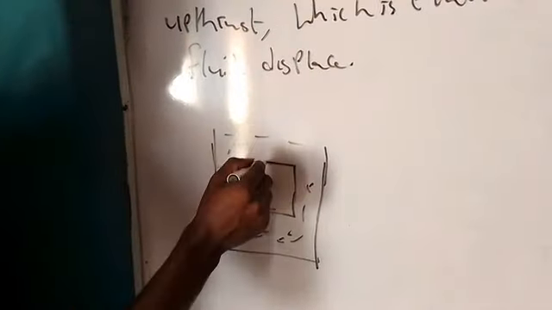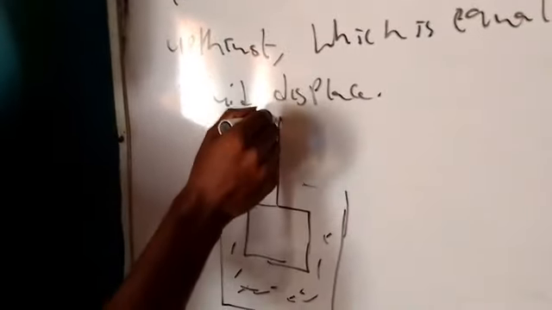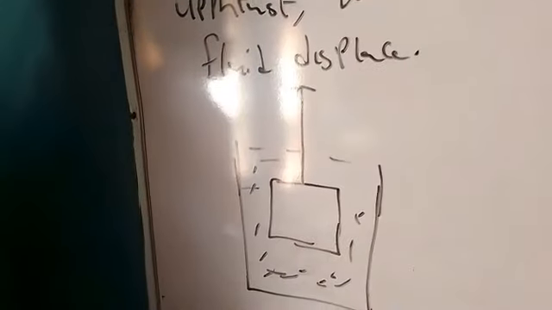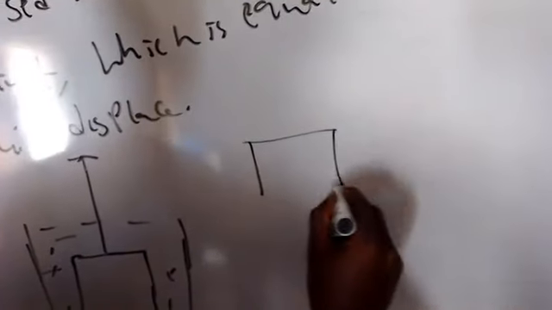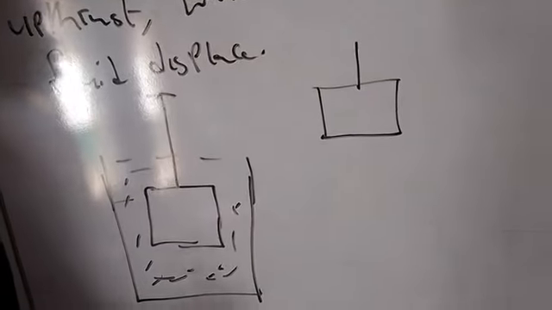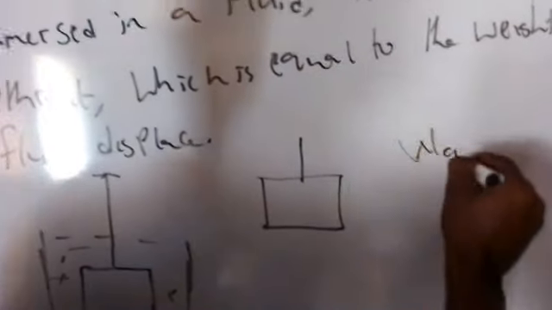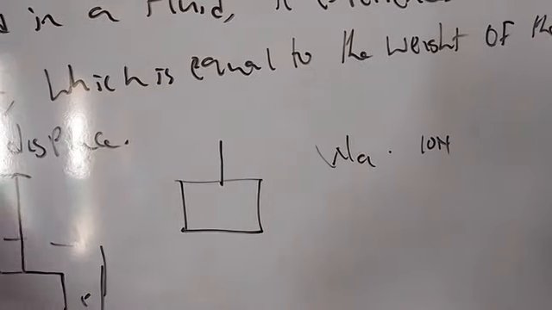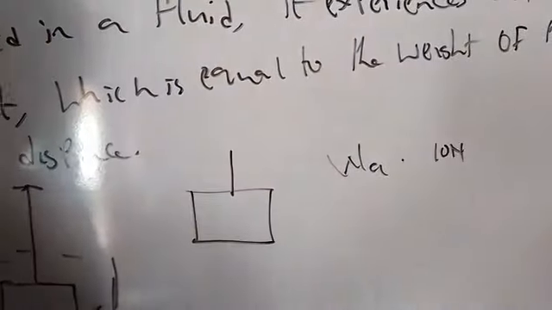Even if I attach a rope to this body and someone is holding this rope, the person will discover that this body is light. Initially, if the weight of this body is measured with the aid of a spring balance, I'll have the weight in air, WA. Let's say you can have something like 10 Newton or 12 Newton.